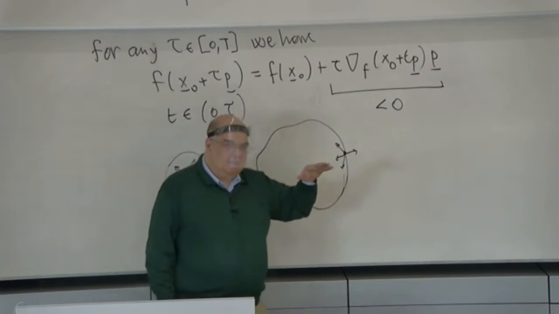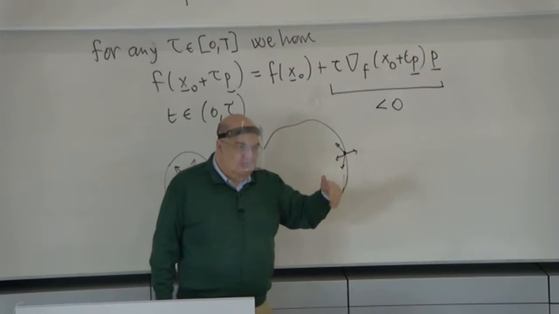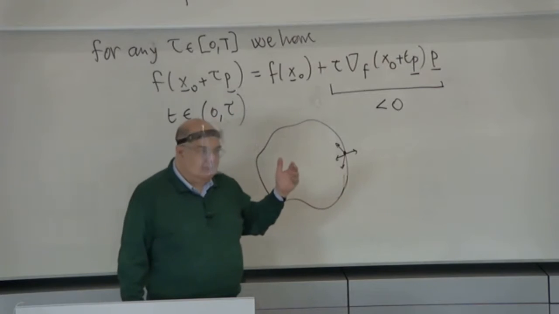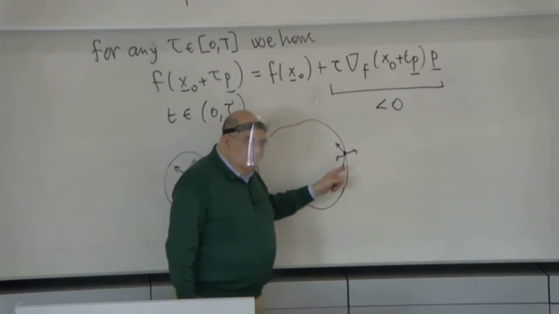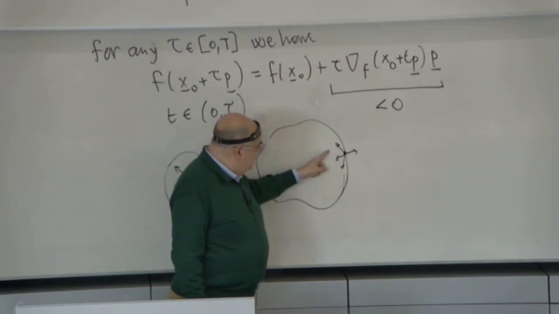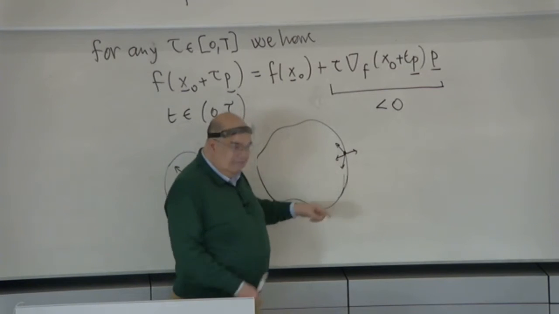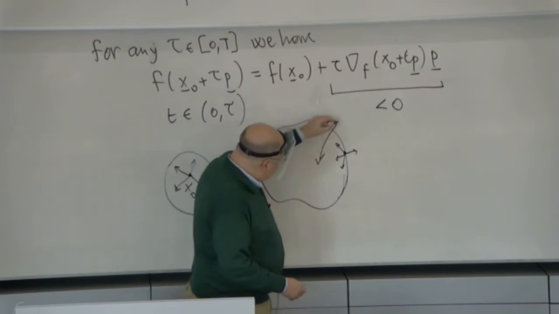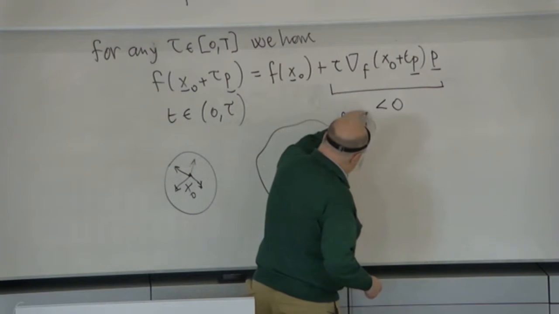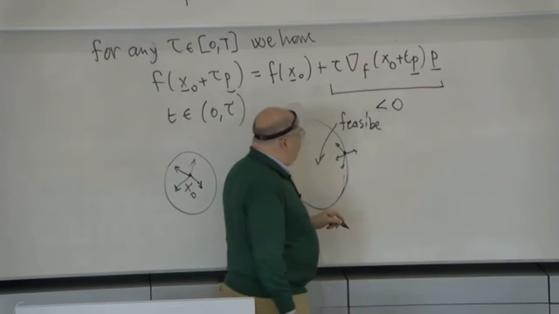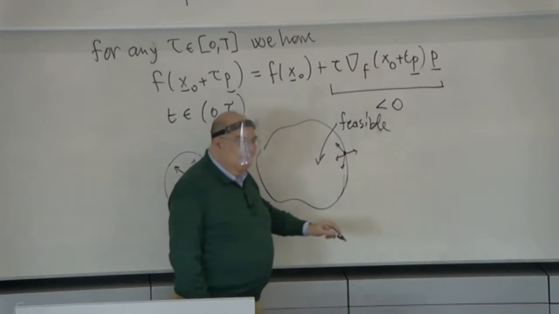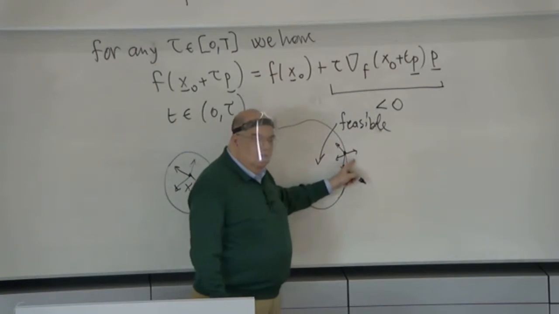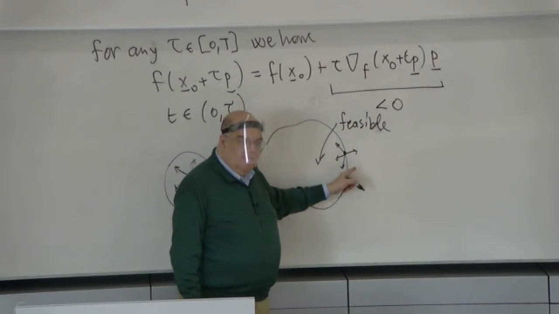By the way, this is another term that is used in applied mathematics. When you are in cases like these, directions are called feasible directions, and these are called unfeasible directions, okay?